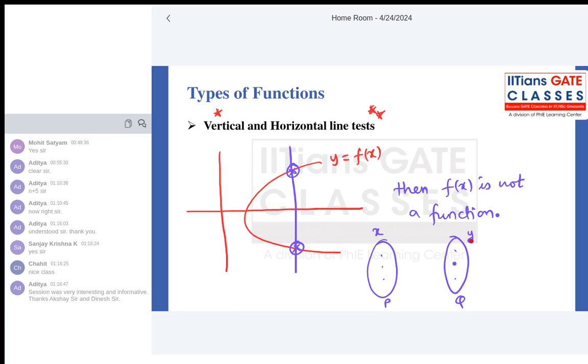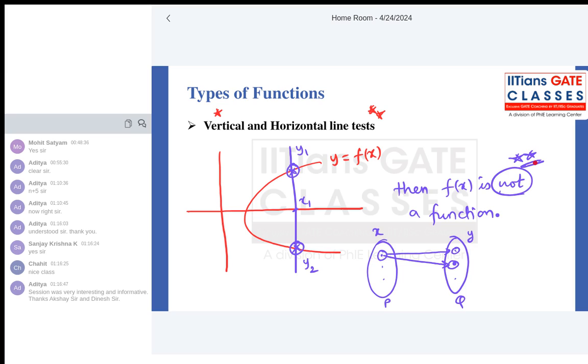Let's say this value is x1, and it corresponds to one element in your set P. But for this value of x1, you have two values, y1 and y2. So one element x1 in x is mapping to two elements in y. If such a thing happens, then it is not a function.